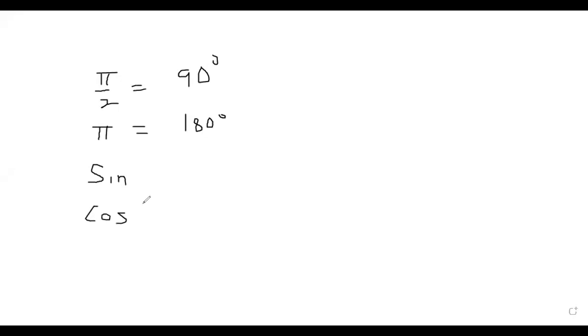Cos 90 degrees is always 0, while sine 90 degrees is equal to 1.